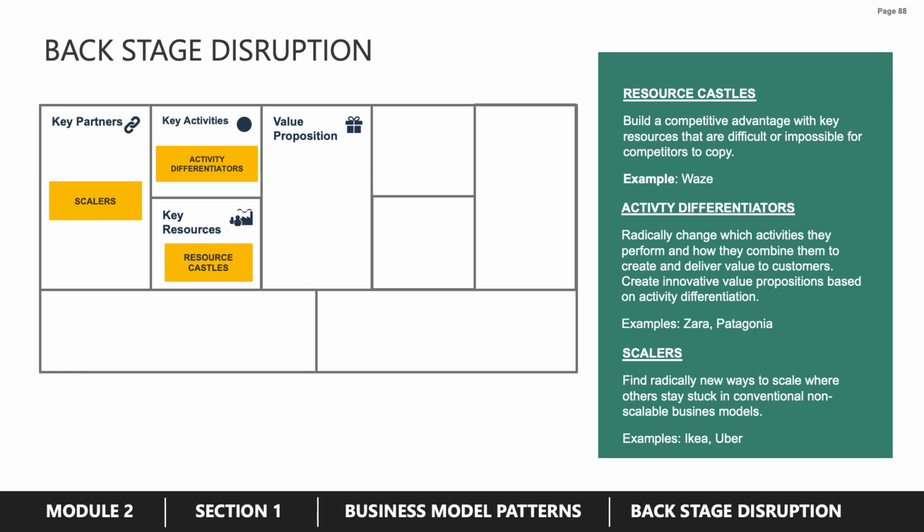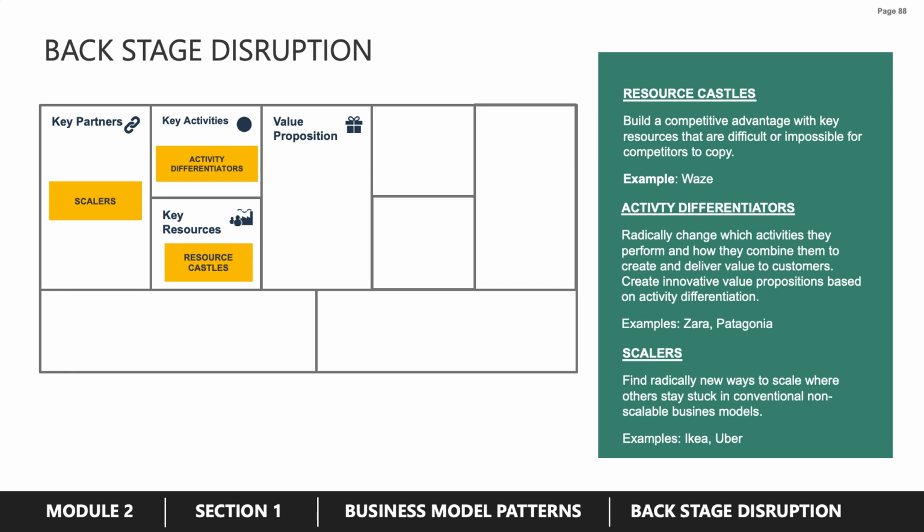So let's take a deeper dive into each of these sections and start to think about what they mean and how we can use them. Resource castles build a competitive advantage with key resources that are difficult or impossible for competitors to copy. And we have an example, which is Waze, which we'll talk about in a minute.